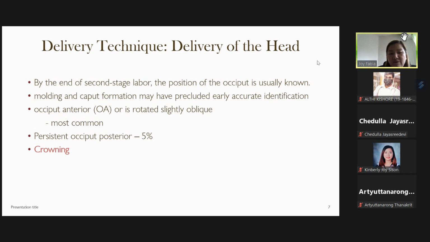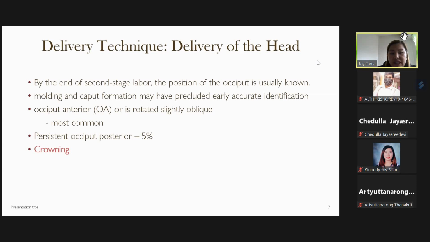So sometimes the persistent occiput posterior can lead to cesarean section. Kasi there are reasons behind bakit nagkakaroon tayo ng malposition, which is the persistent occiput posterior.